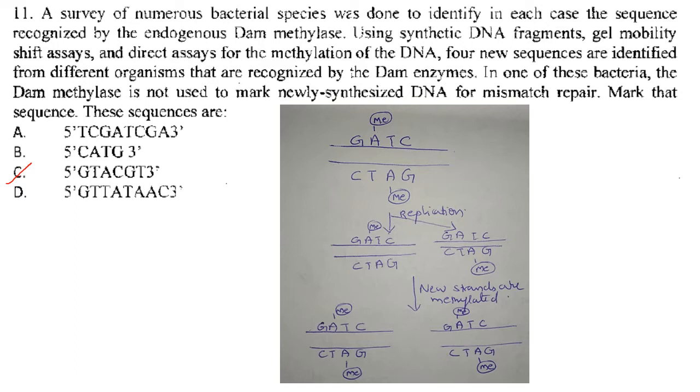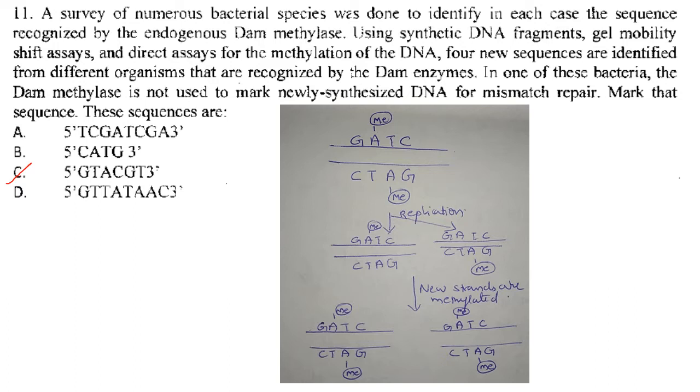I already told that DAM methylase is an enzyme that adds a methyl group to the adenine of the sequence GATC in the newly synthesized DNA.